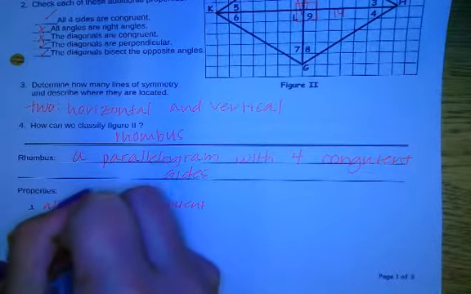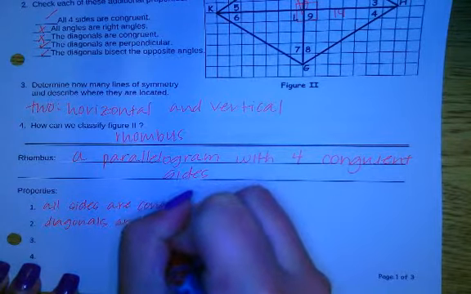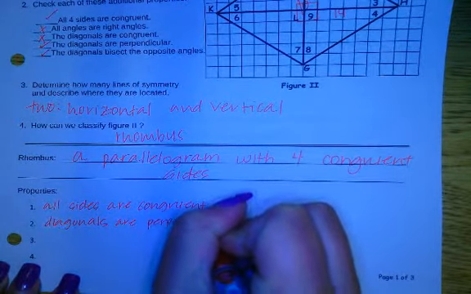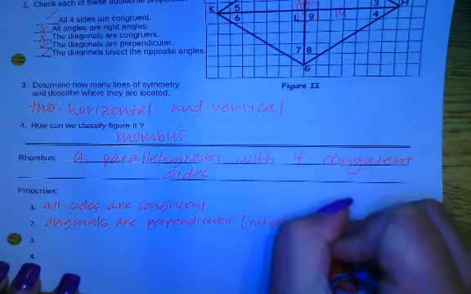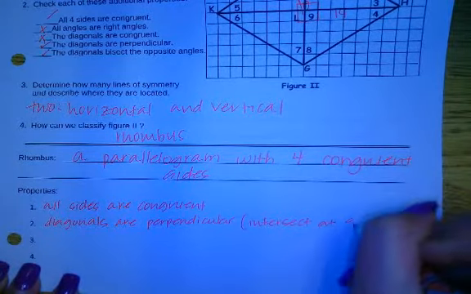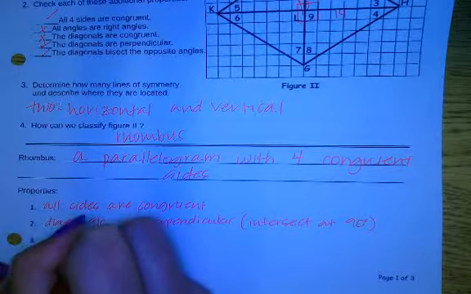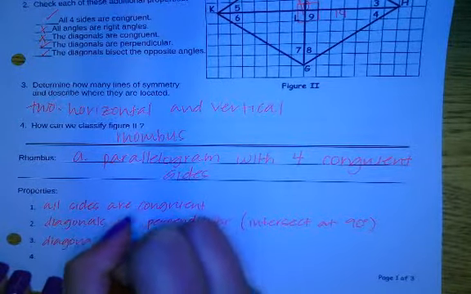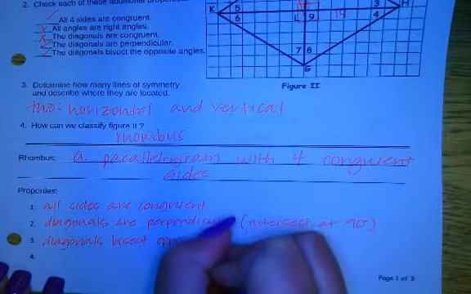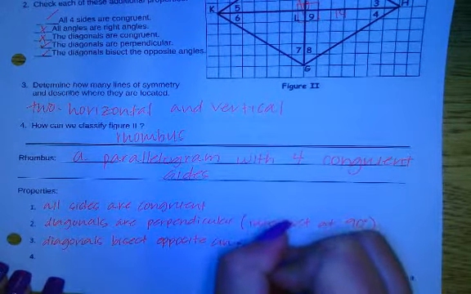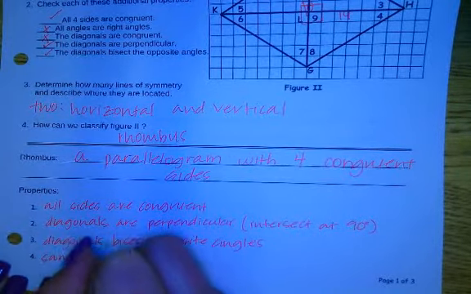Two, diagonals are perpendicular, which means they intersect at 90 degrees. 3, diagonals bisect opposite angles. And 4, all the properties of a parallelogram.